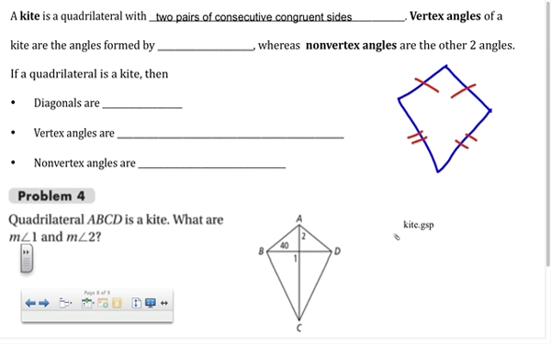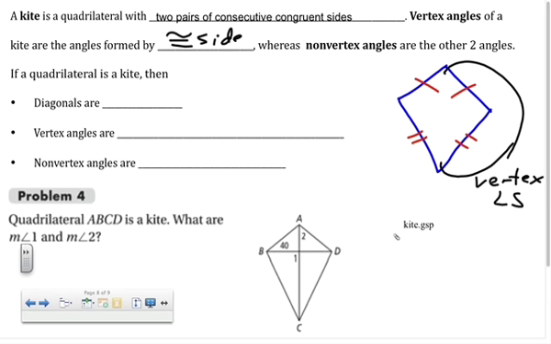So this is a vertex angle, and this is a vertex angle. Whereas the non-vertex angles are the other two angles.